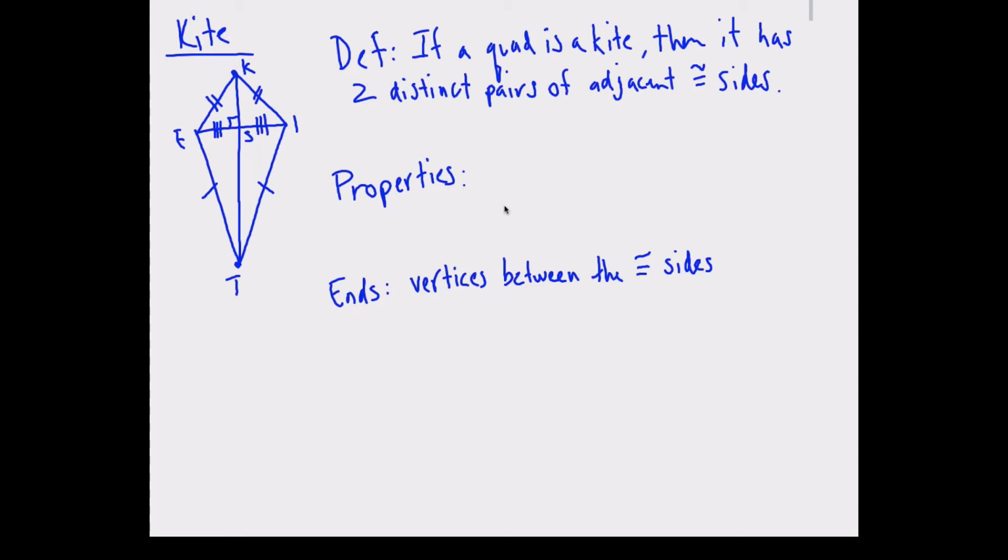Go ahead. Vertical. You know why that won't work, right? Yeah, okay. Emily? The longer diagonal. Doesn't have to be, that's the weird thing about it. Paul? The diagonal going from the ends bisects.